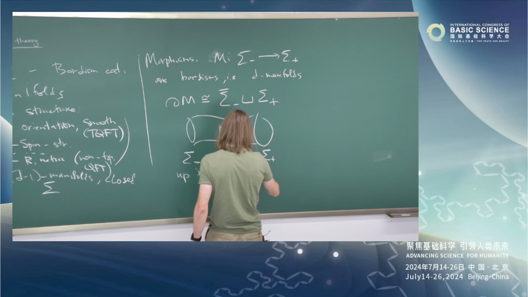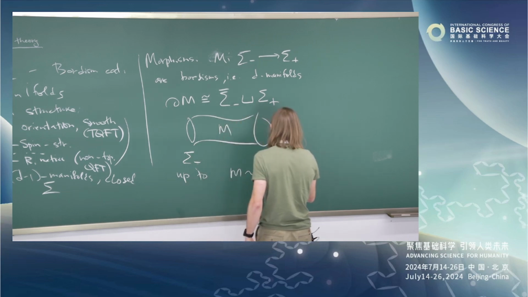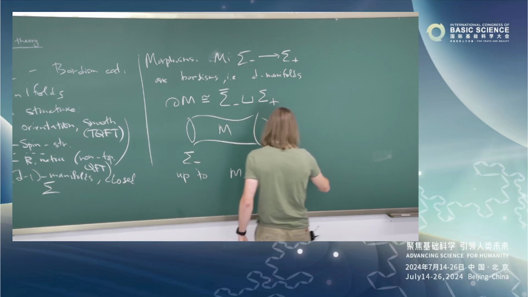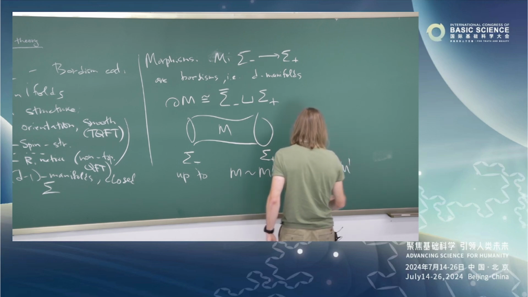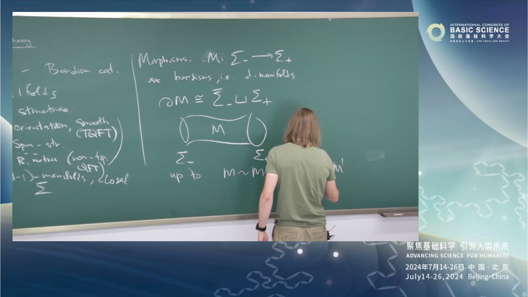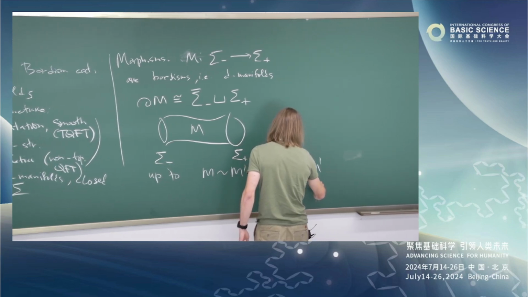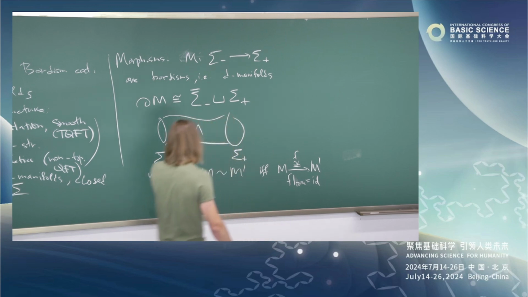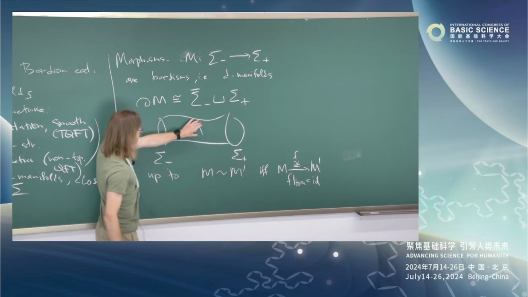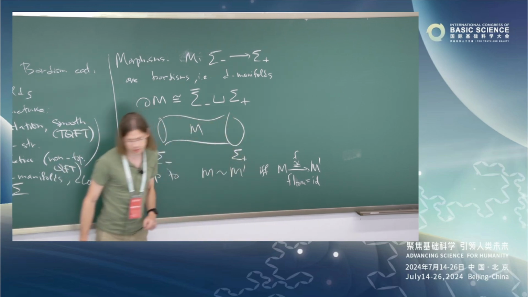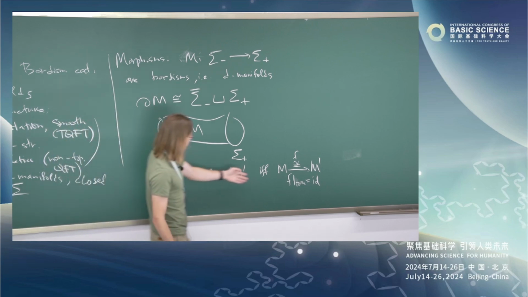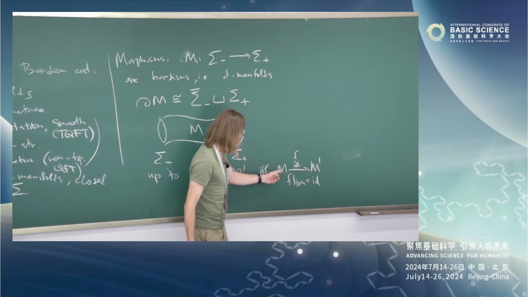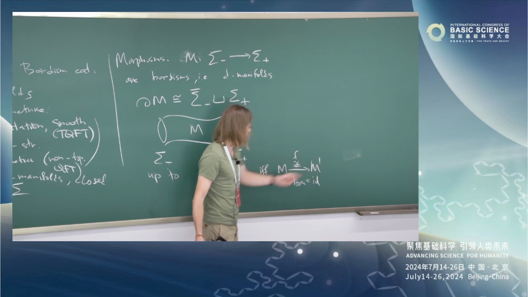So M is equivalent to M prime if there is an isomorphism such that it is identical on the boundary, a diffeomorphism which doesn't change the boundary. And if you have additional structure, the structure here should be given by the pullback structure.